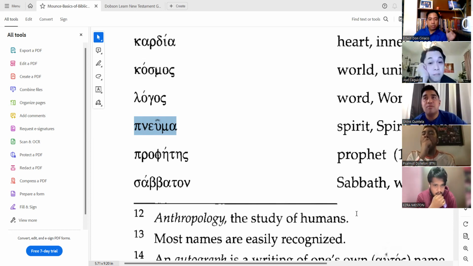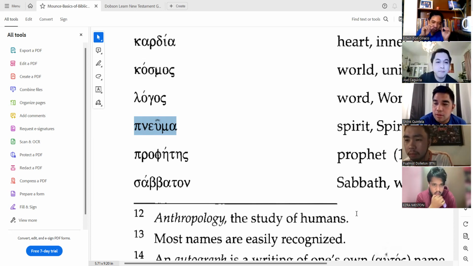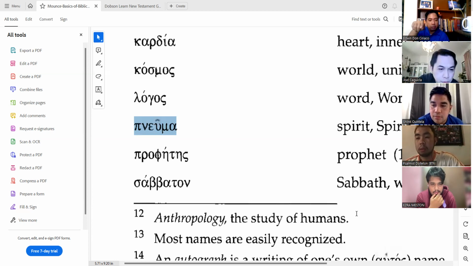But I think we should still put a small P in the sound. Pneuma. And for example, pneumatology. That sounds like an enye in Spanish, the letter N with the tilde.